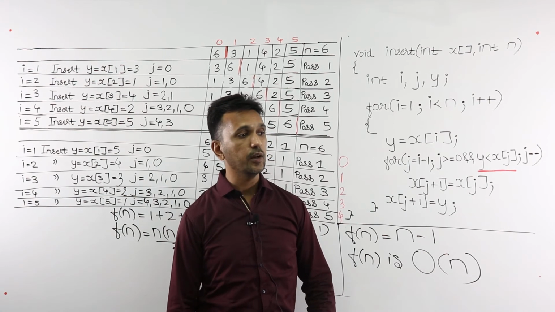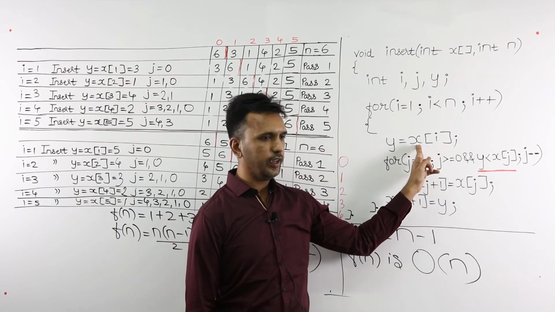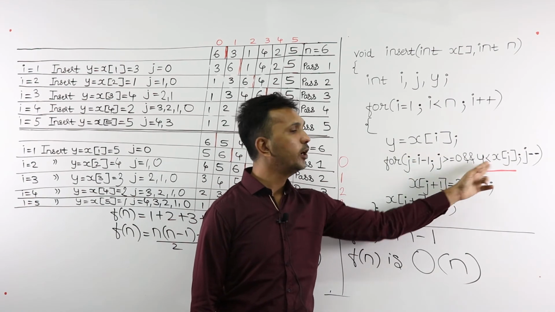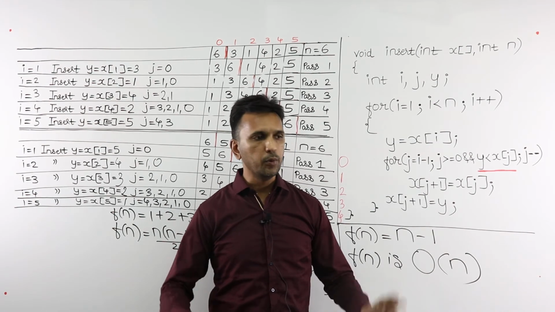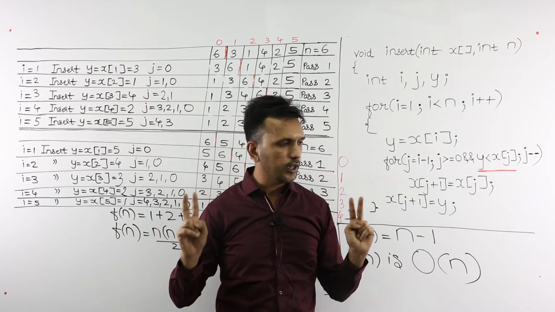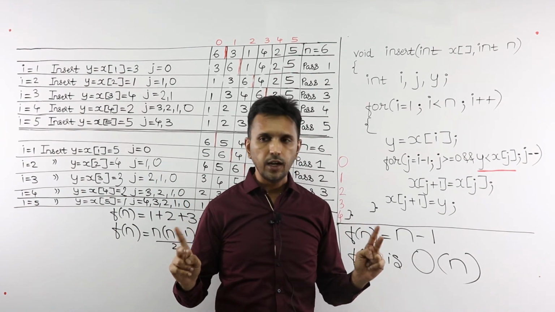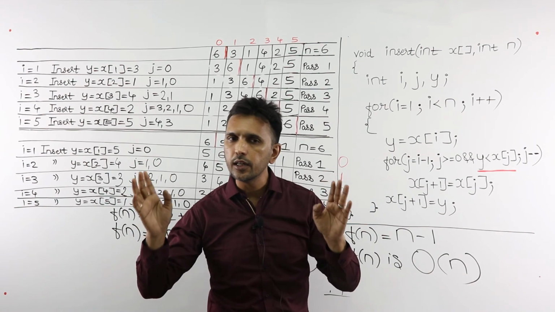That comparison in which we compare array elements. See, y is actually x of I. So, you are comparing who and who? So, now I will put it all in one statement. In non-recursive sorting algorithms, the comparison of array elements will be a critical operation.